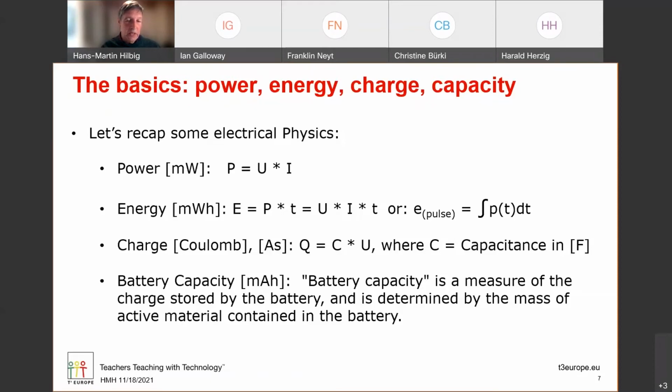And then we have charge. So we go to the old person, Mr. Faraday. I think many of us know Mr. Faraday, and Faraday's formula says that the charge on a given capacitance is proportional to the voltage. So the more voltage you measure on a given capacitance, the more charge is stored in that capacitance.